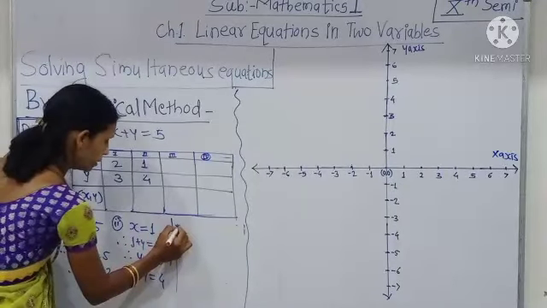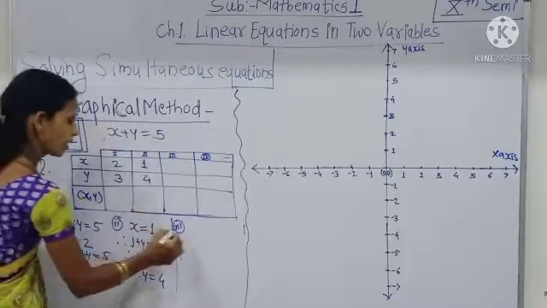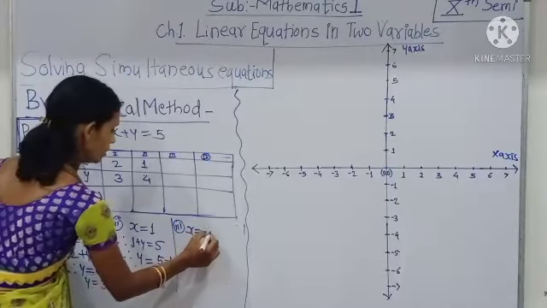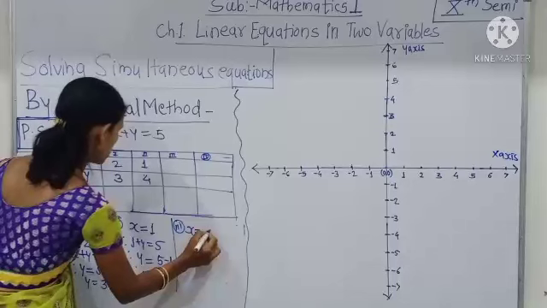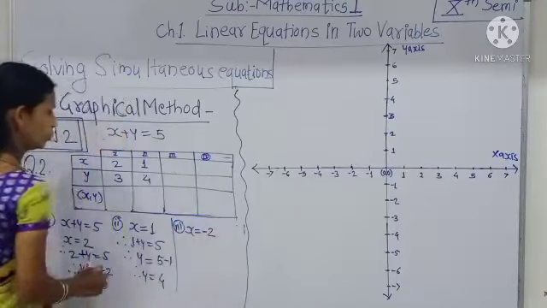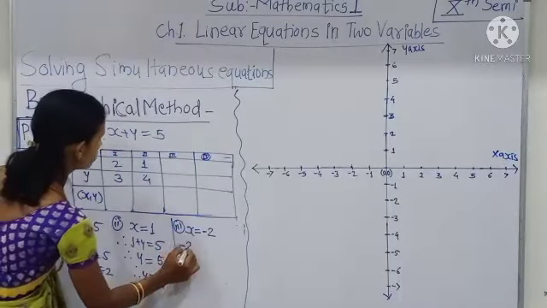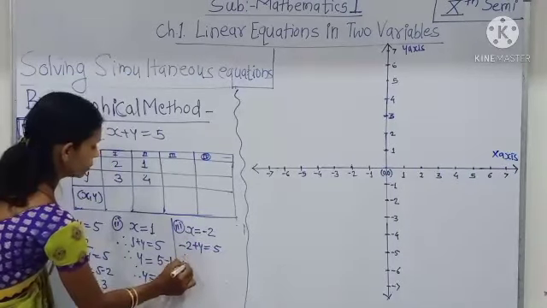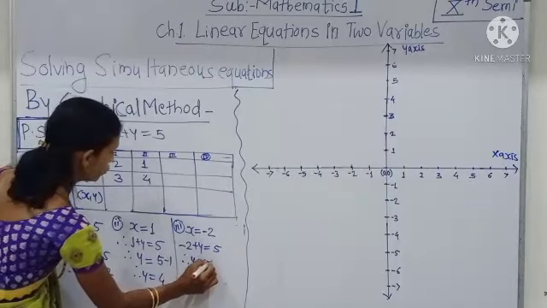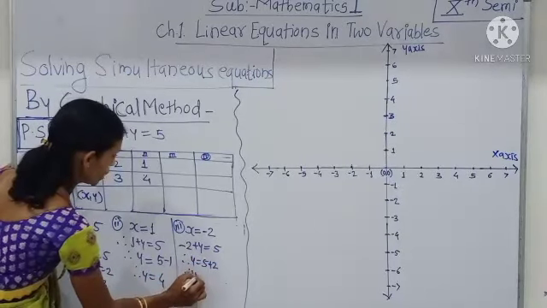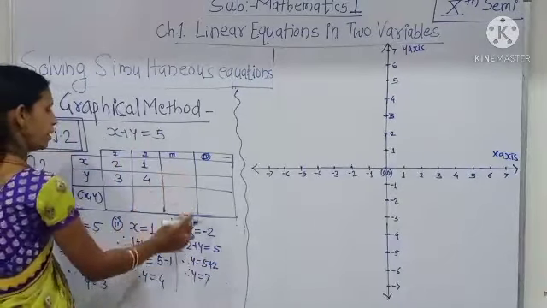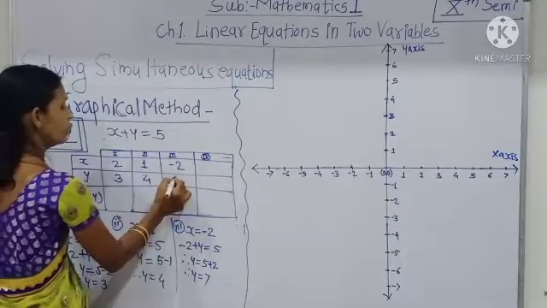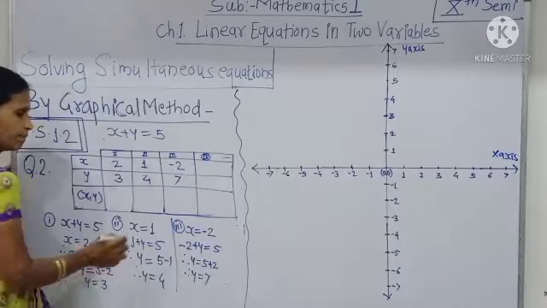Similarly, for the third set, x is equal to minus 2. Then minus 2 plus y is equal to 5. Therefore, y is equal to 5 plus 2. Therefore, y is equal to 7. And when the value of x is minus 2, then the value of y is 7.